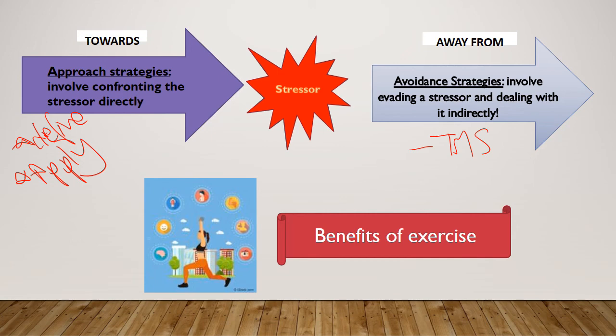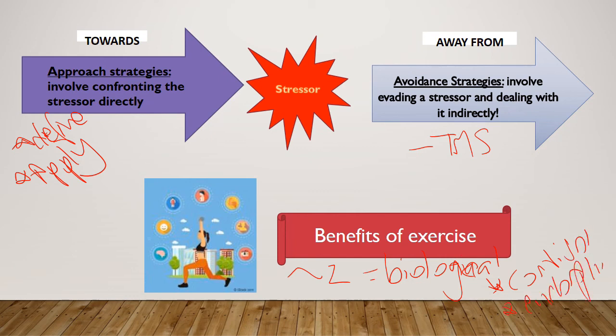In terms of exercise, just make sure you know two benefits of exercise in terms of the biological changes. So I would talk about use of excess cortisol and releases endorphins. They're good ones to know.